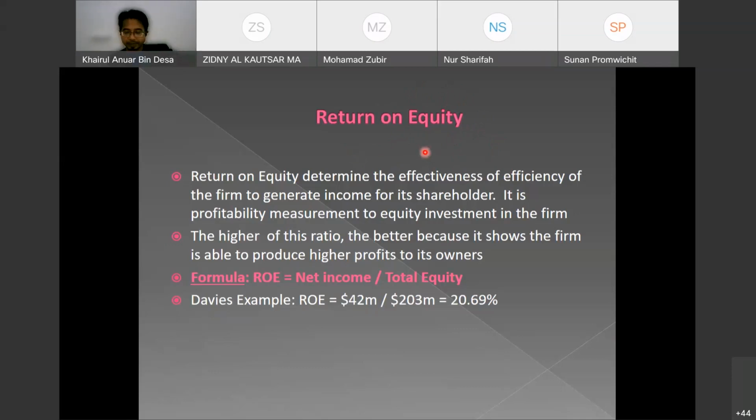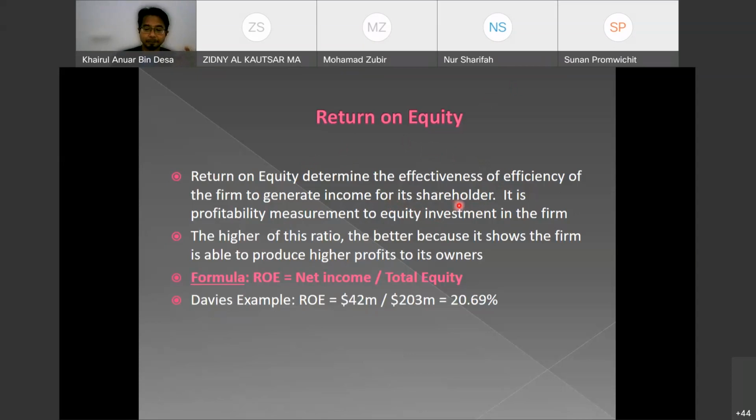Setiap ringgit pelaburan yang pemegang saham buat, berapa mereka boleh dapat. Every single dollar that shareholders invest in our company, what is the return that they can get? So the return on equity measures the efficiency of the company to generate income for its shareholder.